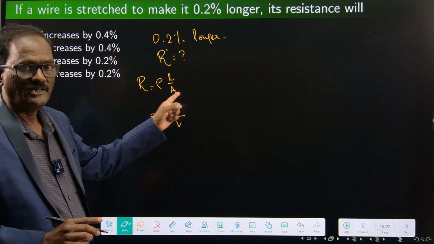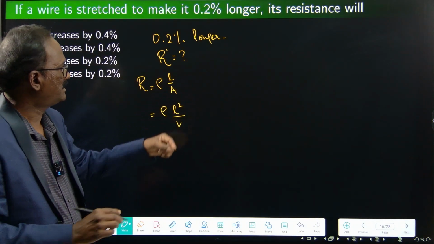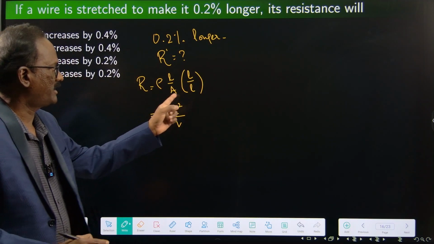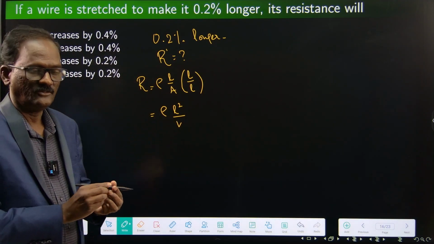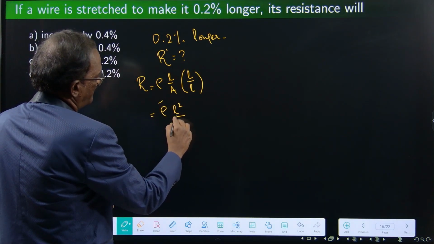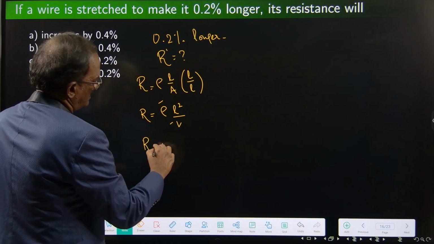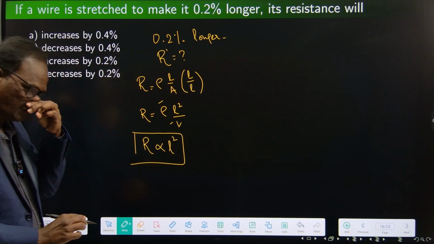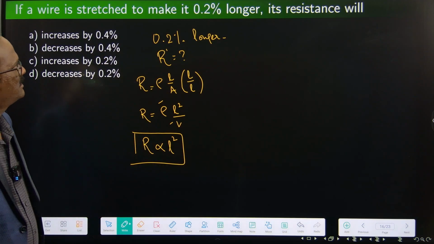Multiply and divide by the length, as we did in the previous problem: L into L square, A into L, volume. Now volume is constant. If you stretch it, volume doesn't change. Now rho and V are constant. That means R is proportional to L square.